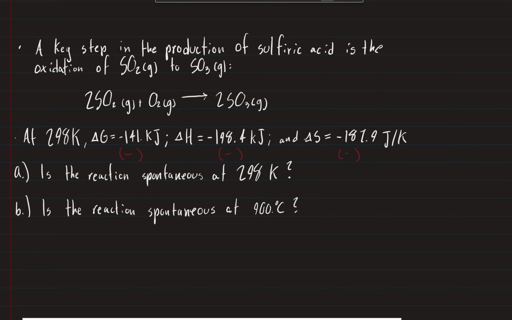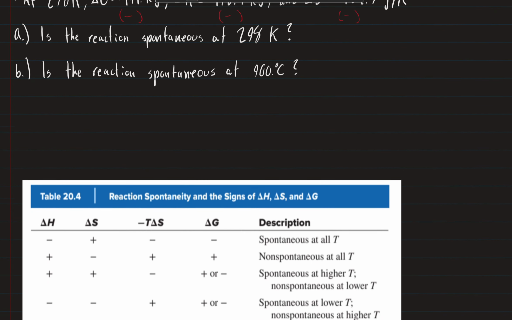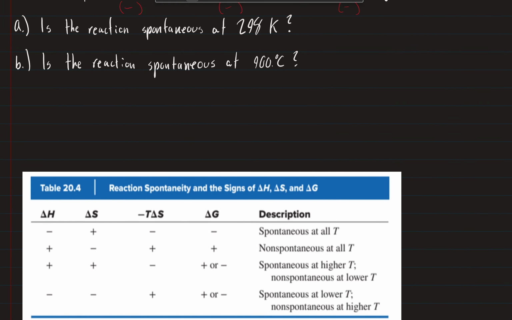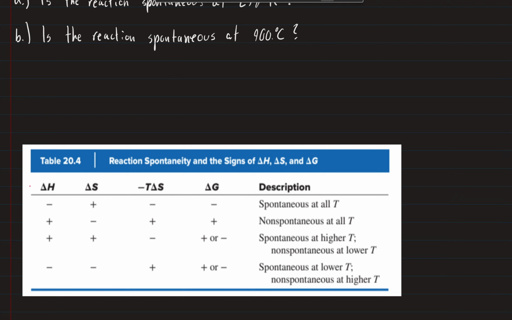Now for part A, we are asked, is the reaction spontaneous at 298 Kelvin? First, let's predict, based off these values, how it's going to react with spontaneity. A useful tool is to look at this table right here. As you saw from earlier, we have a negative delta H, negative delta S, and negative delta G. So already that leaves off this.